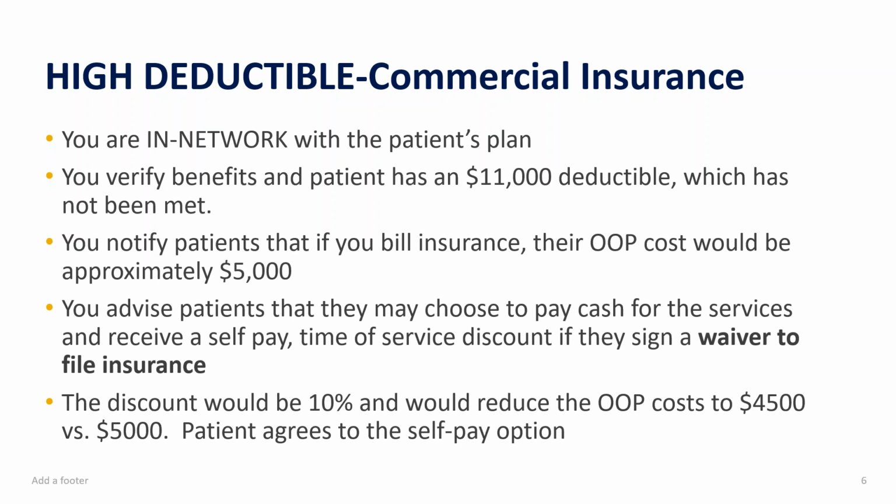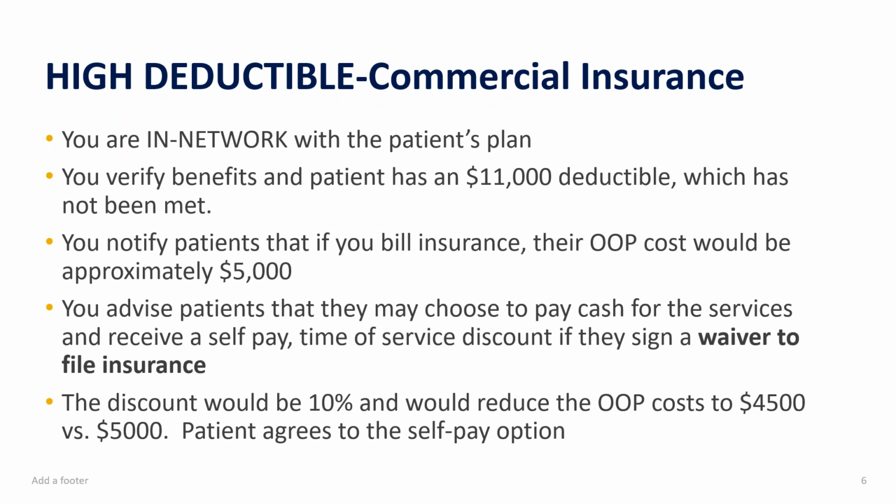So you notify the patient that if you bill their insurance, their out-of-pocket costs would be about $5,000 if both knees were done. You'd also advise the patient that they might, if they would like to, choose to pay cash for the services and receive a self-pay time of service discount of about $500, as long as they sign a waiver to file insurance.